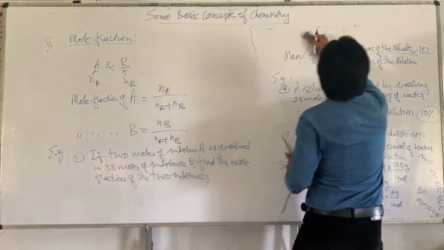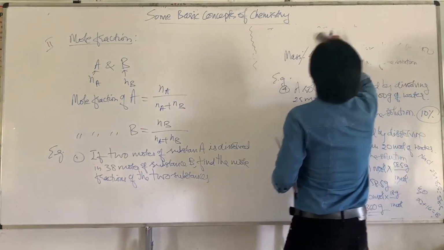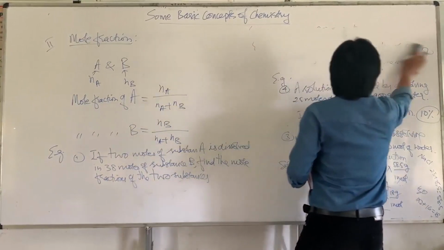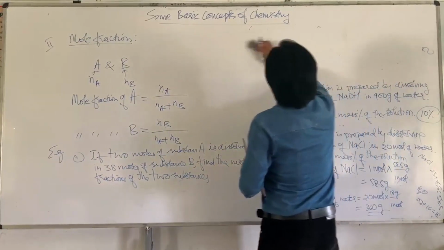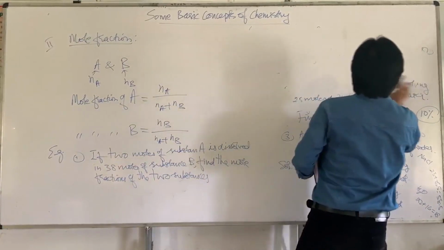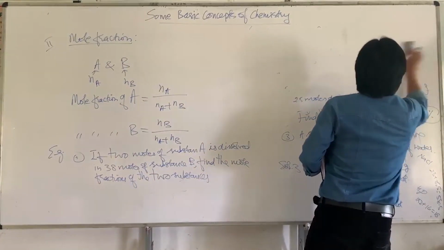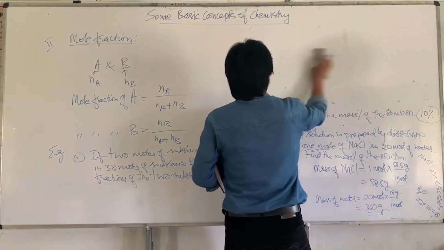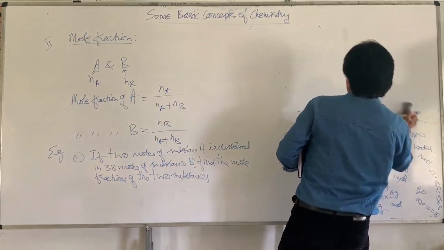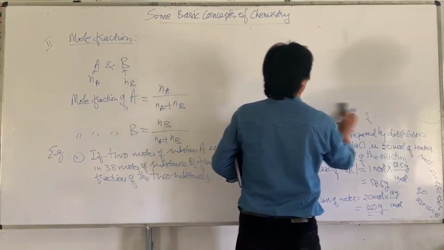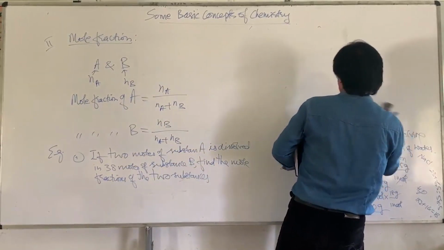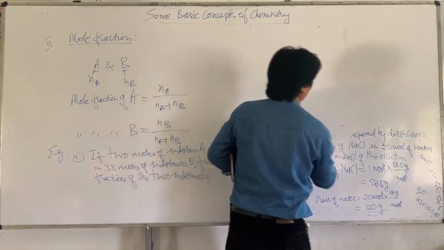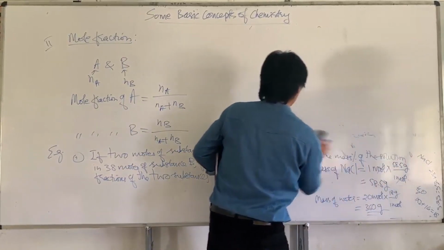Alright. So now, as you can see here, the mole fraction of the first component, that is component A, is given by the number of moles of component A divided by the sum of the number of moles of the solution.